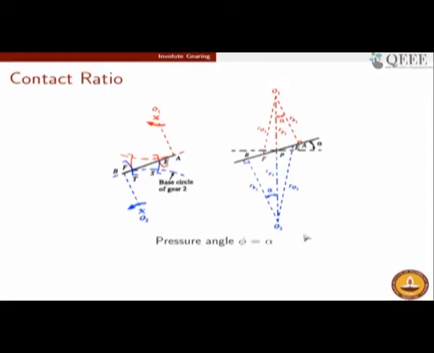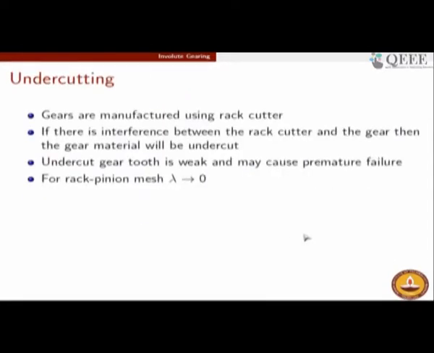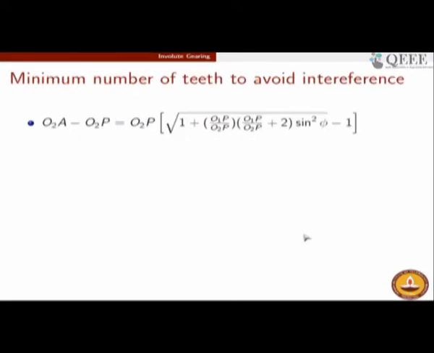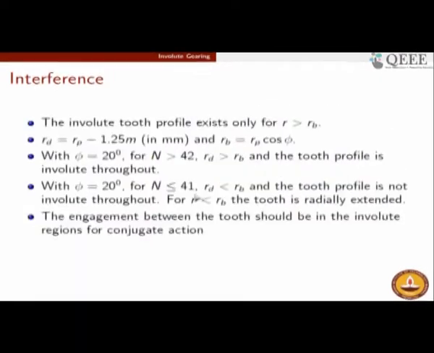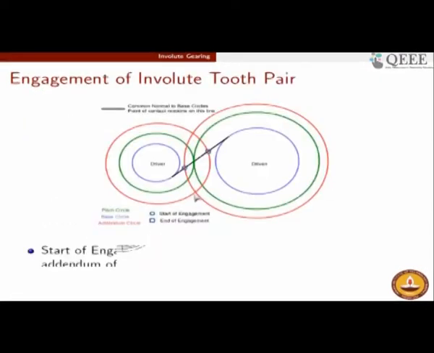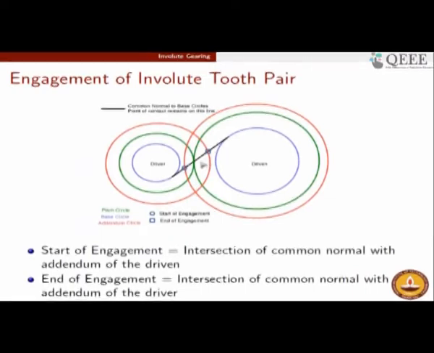So in the last class it was explained that the contact between the two teeth will happen along the line of action. So this internal tangent to the two base circles is going to carry the point of contact. The contact is to happen wherever the line of contact intersects the two addendum circles.